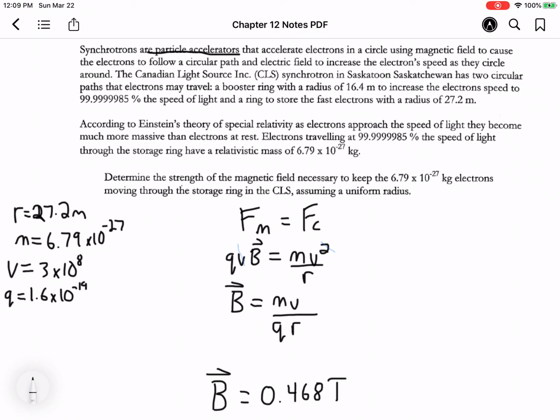There is something we need to know about particles in general: the faster you accelerate a particle, it actually gains mass. I know it doesn't sound right, but it does gain mass. An electron normally has a mass of 9.11 times 10 to the negative 31 kilograms. What actually happens is when we're moving this fast, the electrons become heavier.